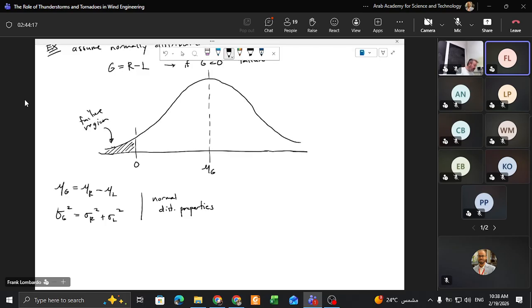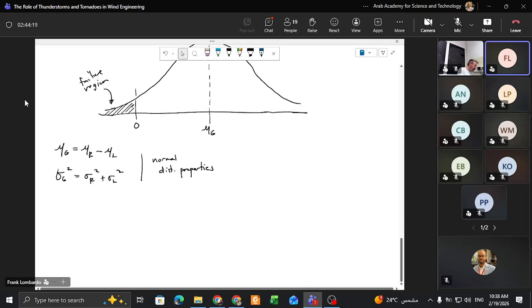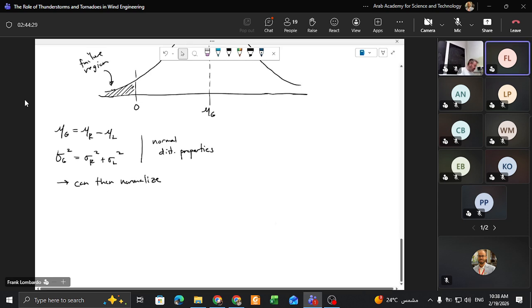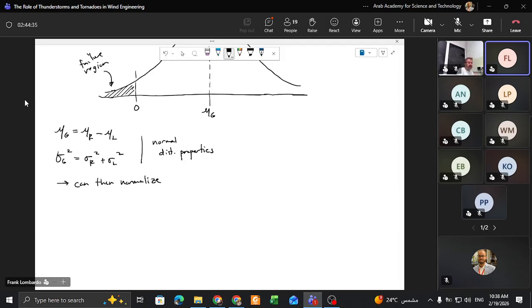And so what happens now is you can normalize this. Again, your probability of failure is basically integrating everything to the left of zero.